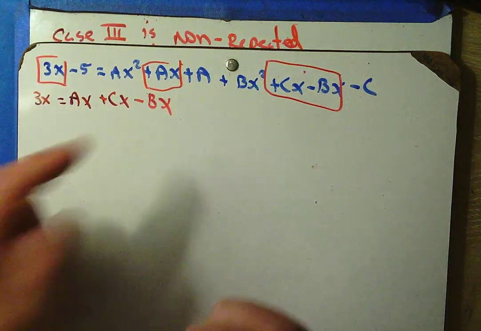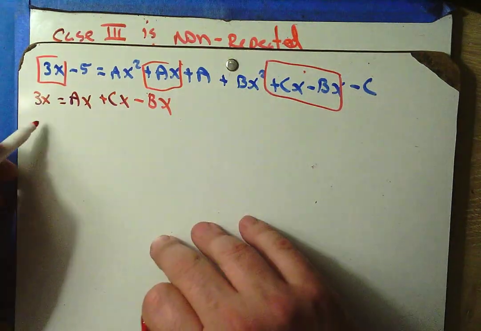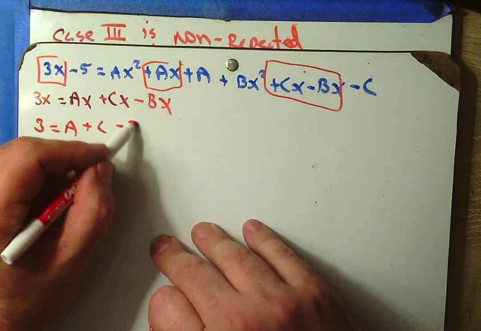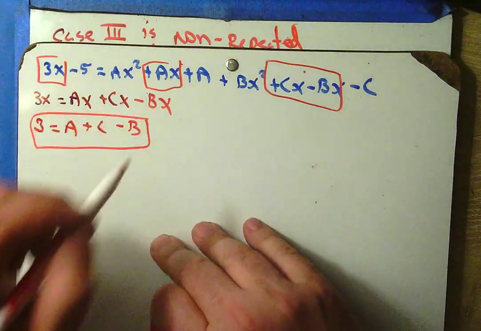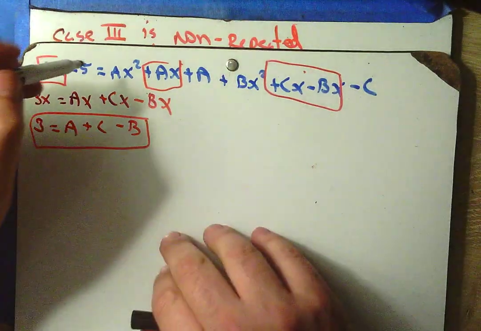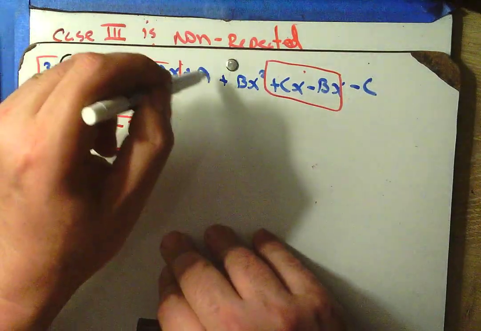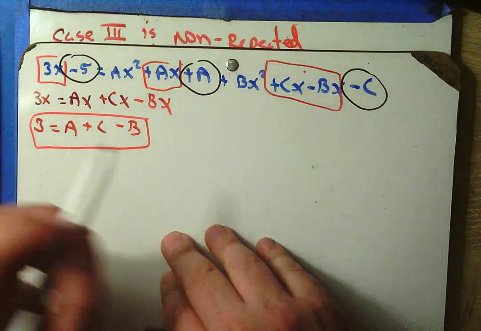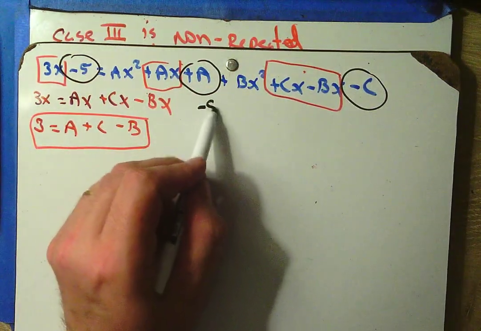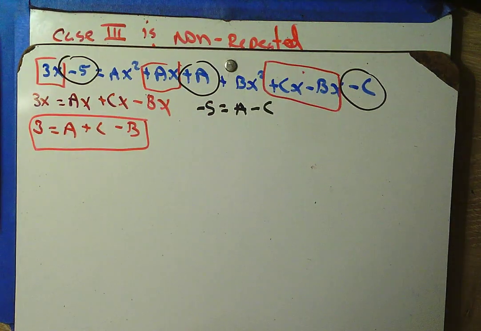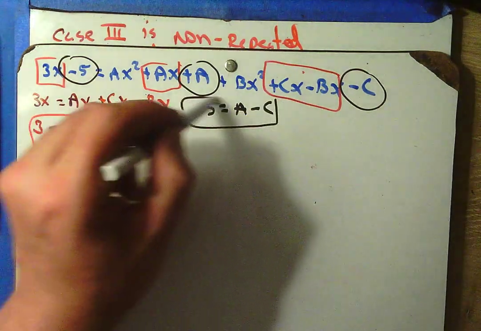And then if I divide everywhere by x, I get 3 equals a plus c minus b. So there's one equation. Now, what about another equation? Well, let's take all the stuff that doesn't have any x's and put it together in an equation. Negative 5 equals a minus c. Okay? So there's our second equation.